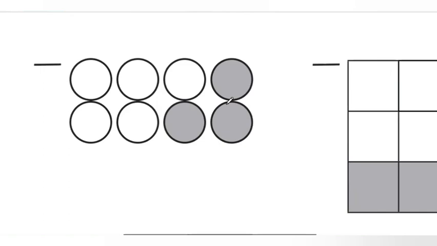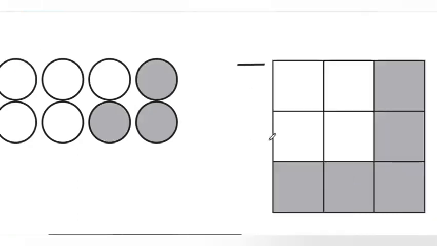Then how many equal parts? 8 equal parts. Then how many parts have been colored? 3 parts. Then 3 out of 8. Okay.